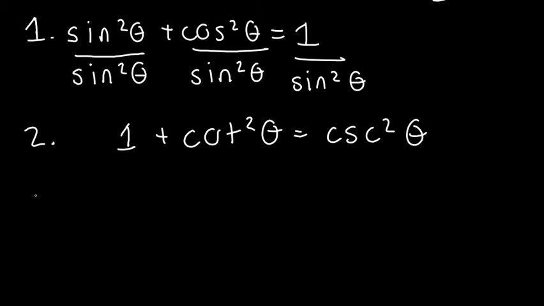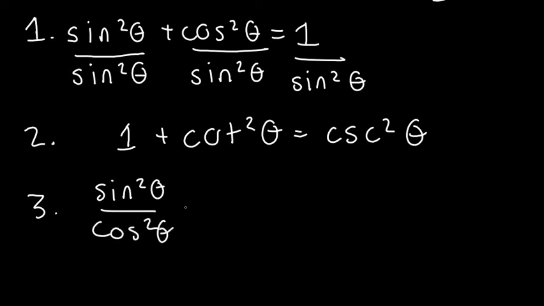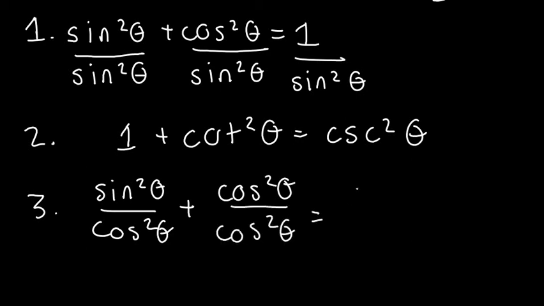And if we were to just divide it by cosine squared, we would get sine squared over cosine squared plus cosine squared over cosine squared is equal to 1 over cosine squared theta.